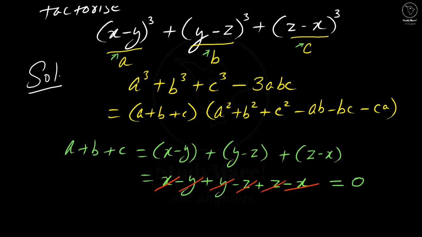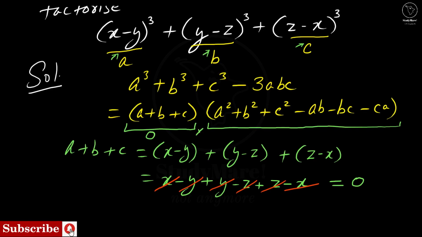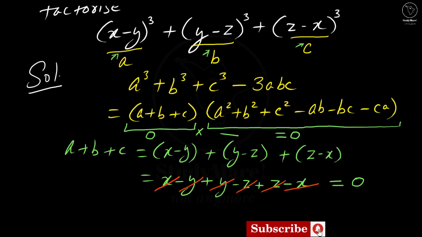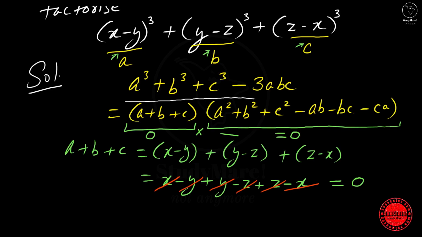Now just look at this identity. We have two factors, and the value of this factor here we have calculated as 0. Since 0 is multiplied by this, what we will get is 0, because any number multiplied by 0 always gives us 0. This means A cube plus B cube plus C cube minus 3ABC becomes 0. Why?